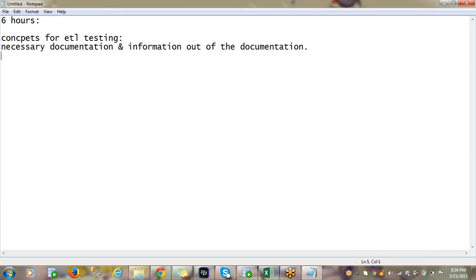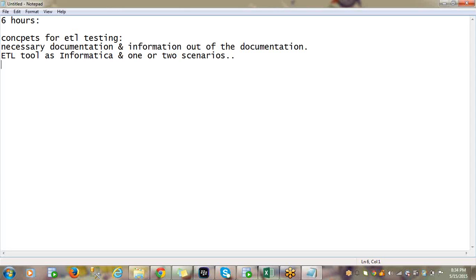Once we drive this, I'm going to take the ETL tool Informatica, and I'm going to take the class with one or two scenarios based on our time availability. These scenarios will include a real-time example, with which I'm going to show you how to test.